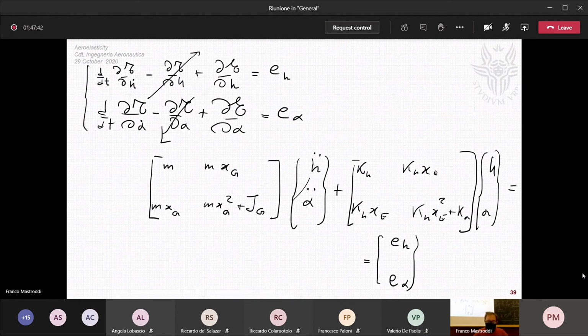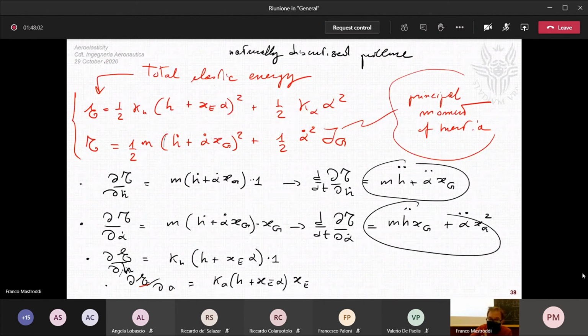So this is our mass matrix, finally. This is our stiffness matrix, but these matrices are not diagonal because we are not using the modes of vibration for representing the system. If you consider, and this point is interesting, if you consider as vertical displacement the center of mass, you will have the mass matrix diagonal.